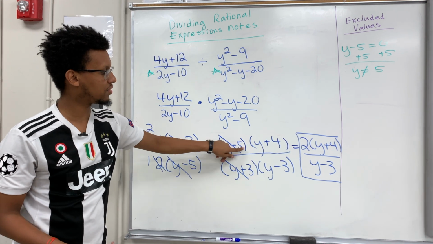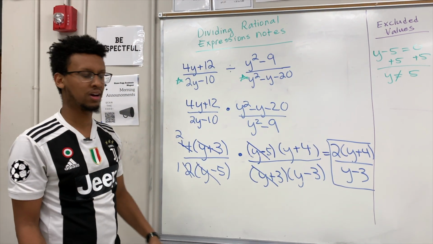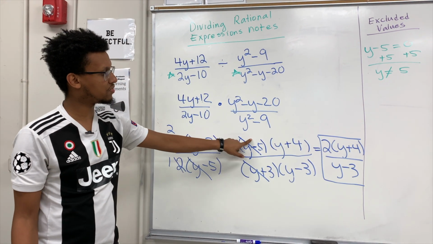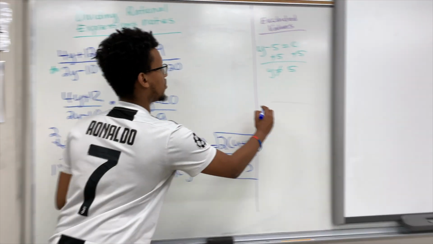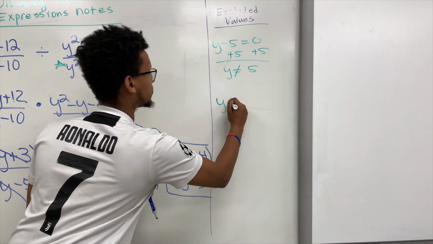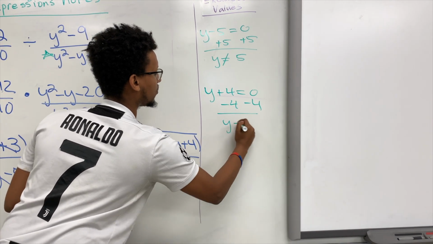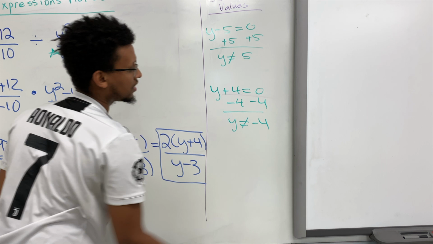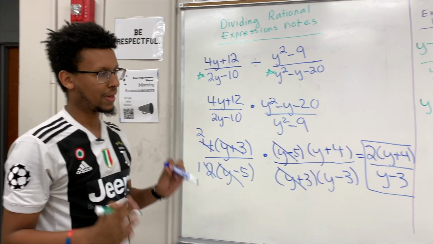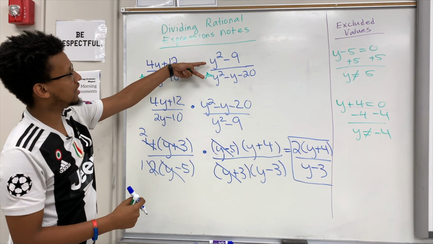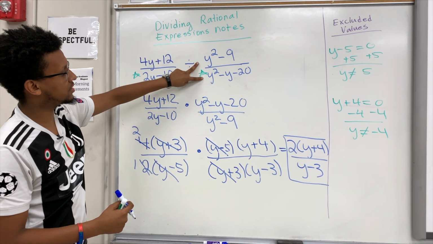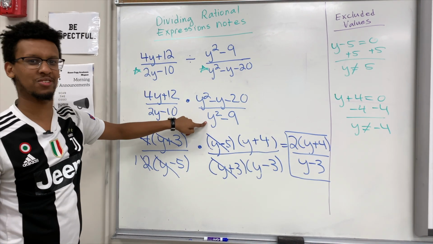So I'm just going to take both of these and set them equal to 0. However, we already took care of y minus 5, so we're going to do y plus 4 equal to 0. Subtract 4. y cannot be -4. In the last step, you did the reciprocal of this, so now this also has to be excluded.